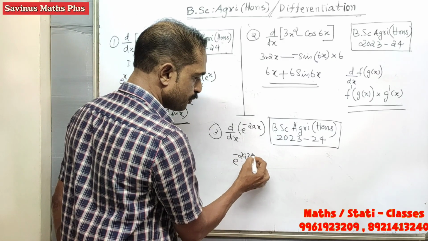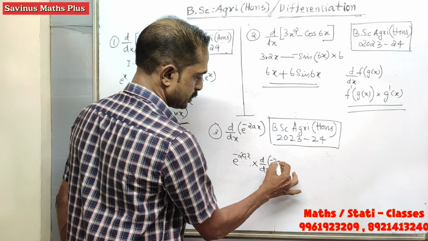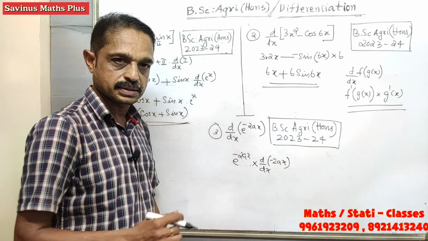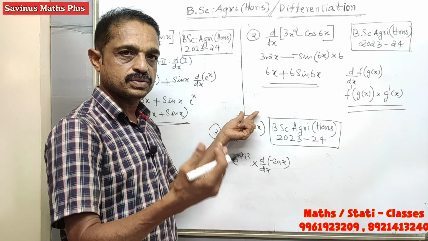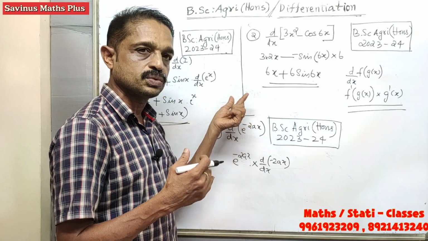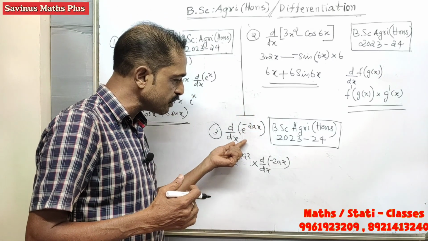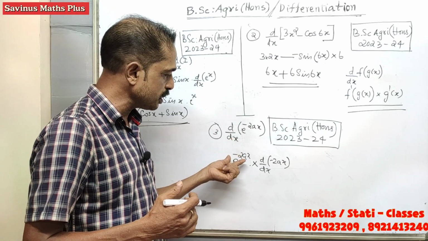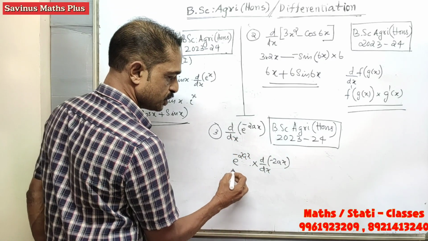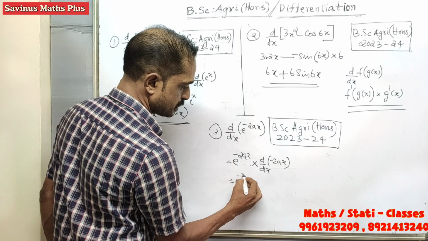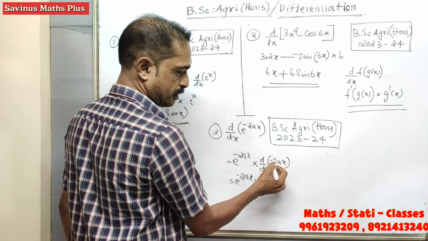into the derivative of minus 2ax, into d by dx of minus 2ax. See, what is the derivative of e raised to x? The derivative of e raised to x is e raised to x itself. So the derivative of e raised to any function is e raised to the same function itself into the derivative of the inner function. The inner function here is minus 2ax. So this is e raised to minus 2ax into, what is d by dx of minus 2ax?